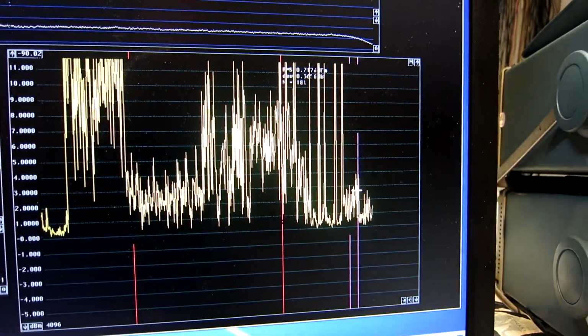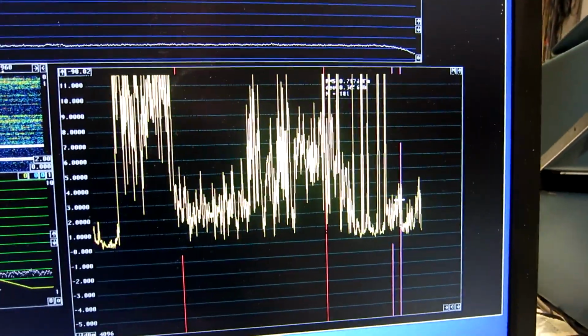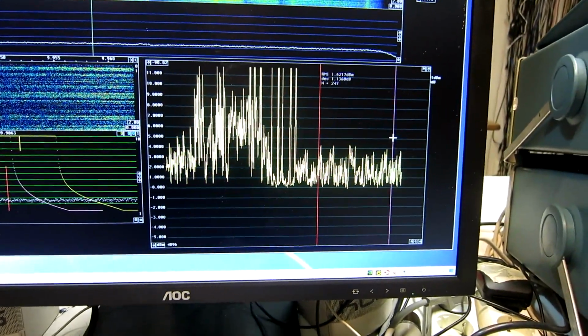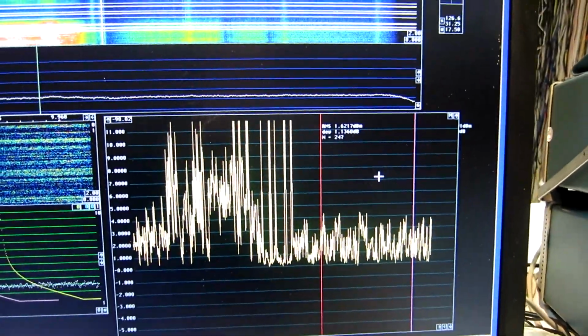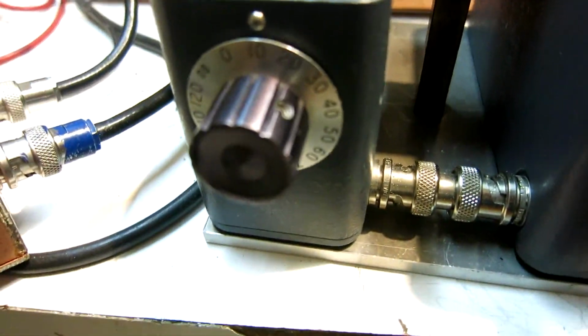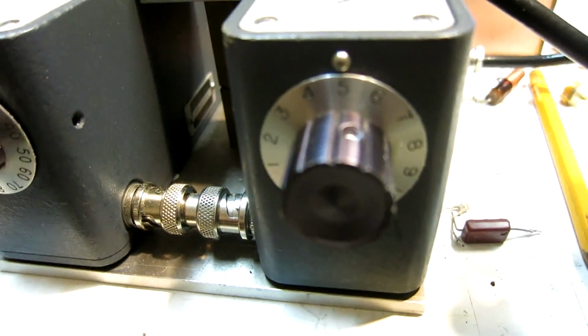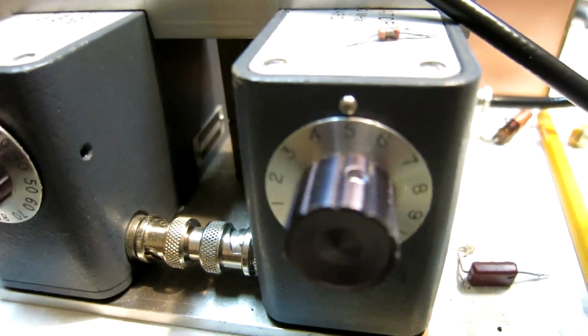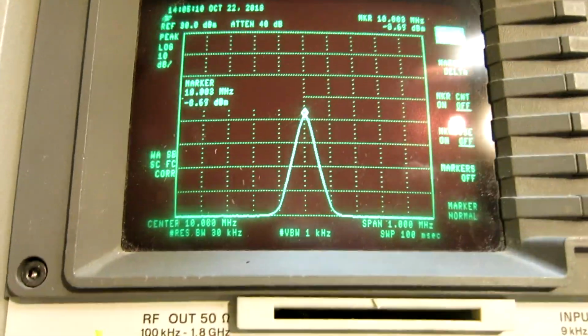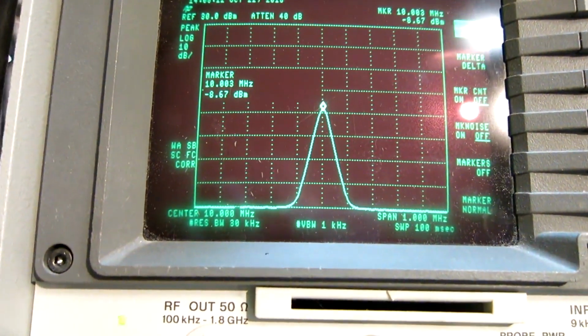I wait a little while to see what happens. So now I see a noise signal at 1.6 dB, and that is with an attenuator setting of 10 dB here plus 5 dB here, 15 dB. For a signal level of minus 8.7.